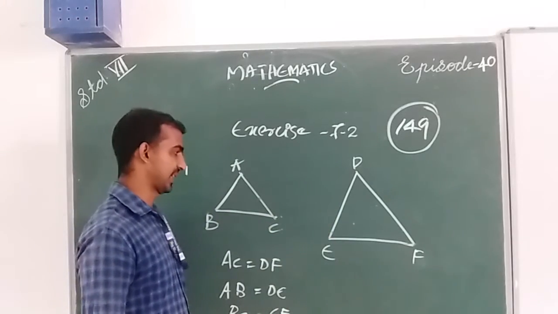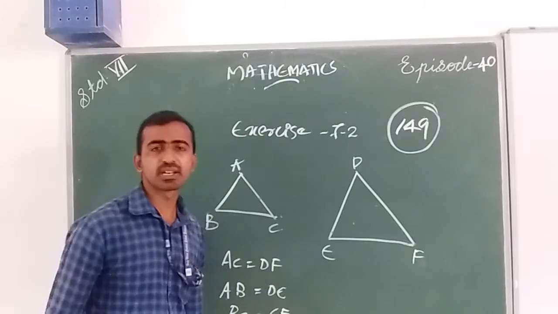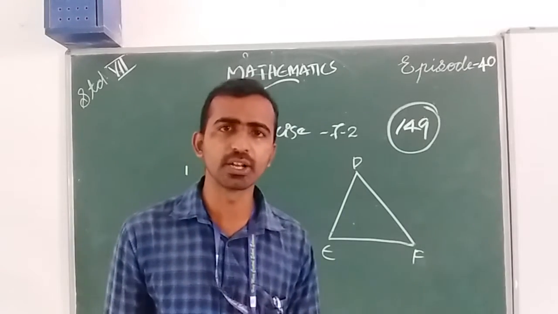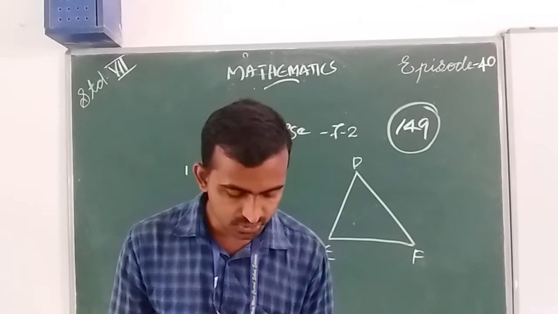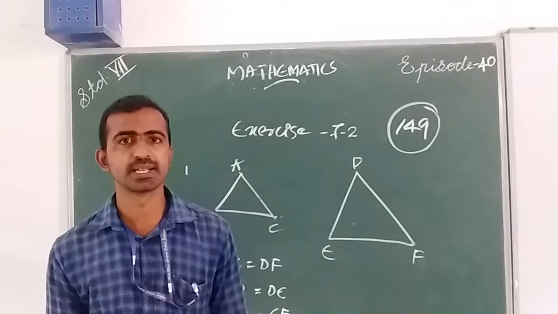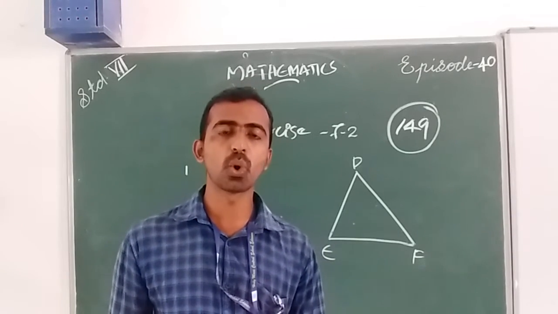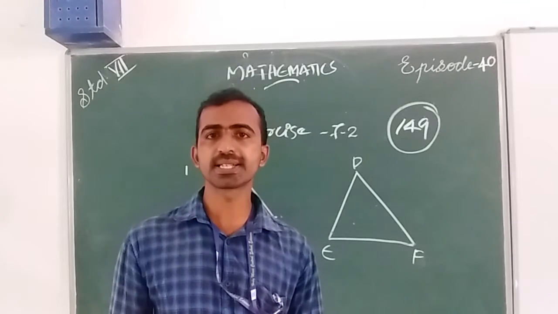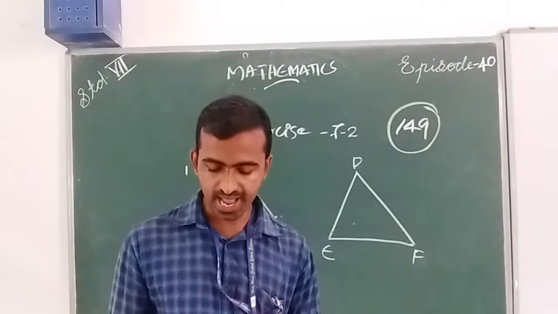And BC is equal to EF. That is, three sides of a triangle are equal to three sides of another triangle. So here we use the SSS congruence criterion.